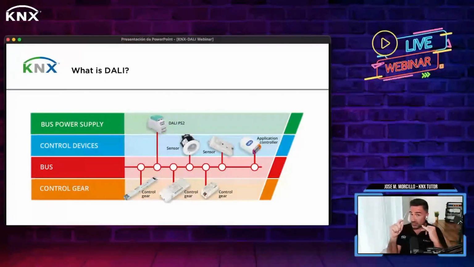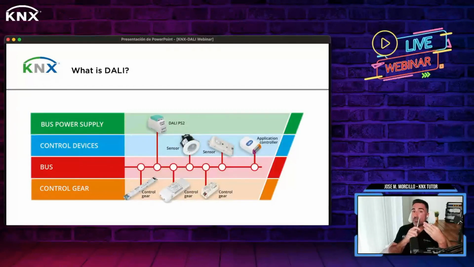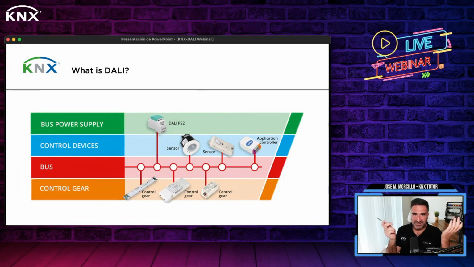We also have 0 to 10 control gears, resistive control gears, and relay DALI control gears, just an on off switch. That opens up a lot of possibilities to control lights, because we just need to place the appropriate control gear in the light. We daisy chain all the lights because DALI is daisy chain, and we have full control of the light. With DALI, the possibilities are endless.